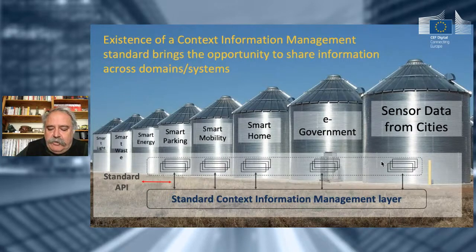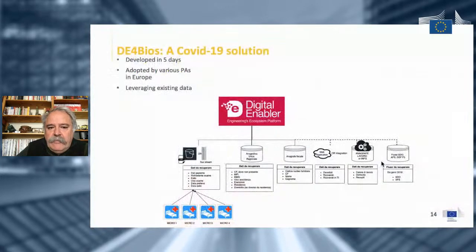To make an example of this, this is what happened at the beginning of last year when COVID-19 appeared, and a company that is a member of the FIWARE Foundation created in 5 days an application able to support the tracing of the spreading of the pandemic, the flu.